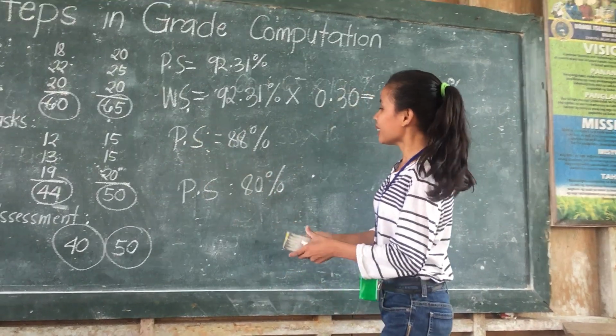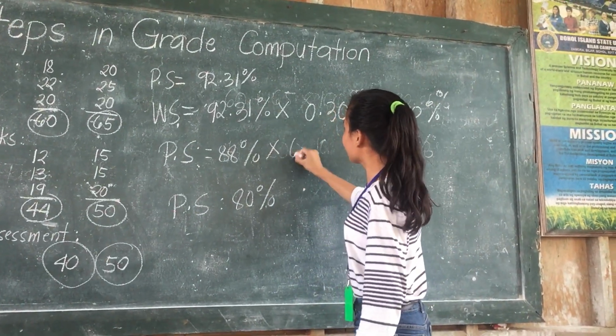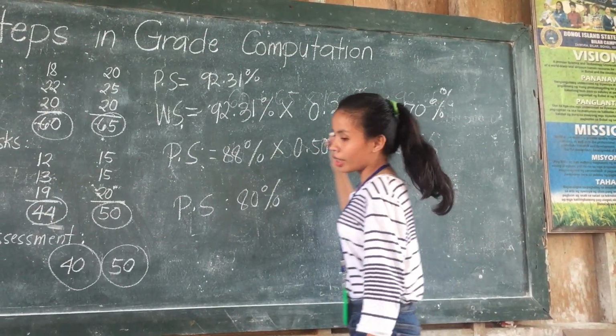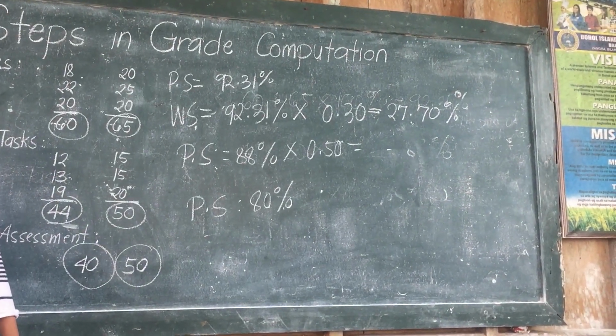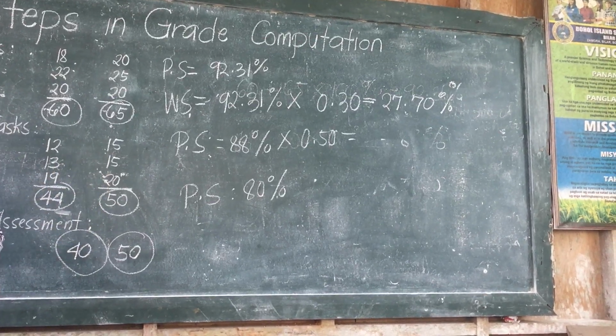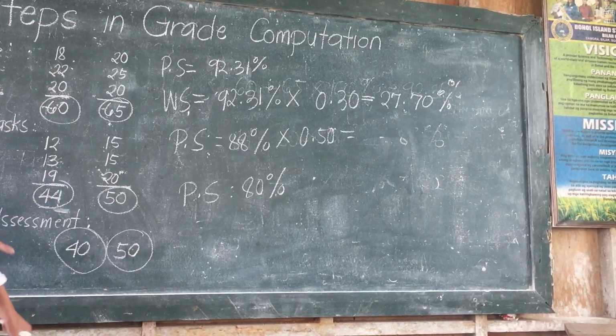In performance task, let's multiply it by 0.50. The answer will be 88% times 0.50 equals 44%.